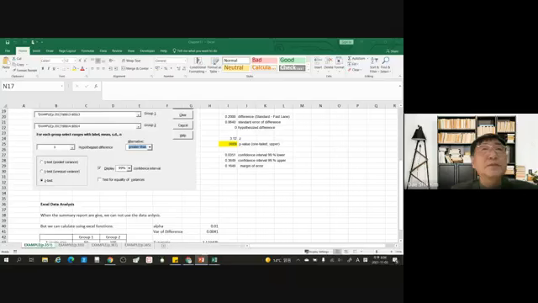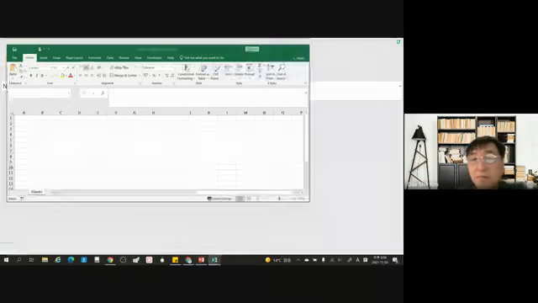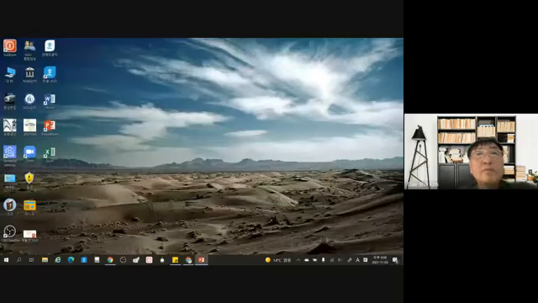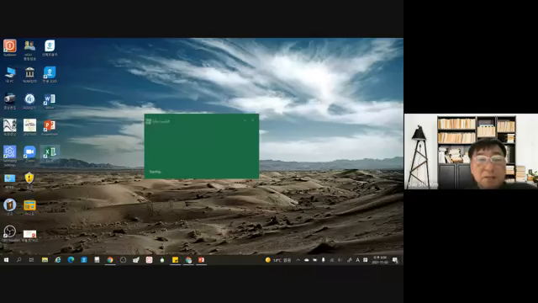The table. Okay, I will copy it to the Excel file.